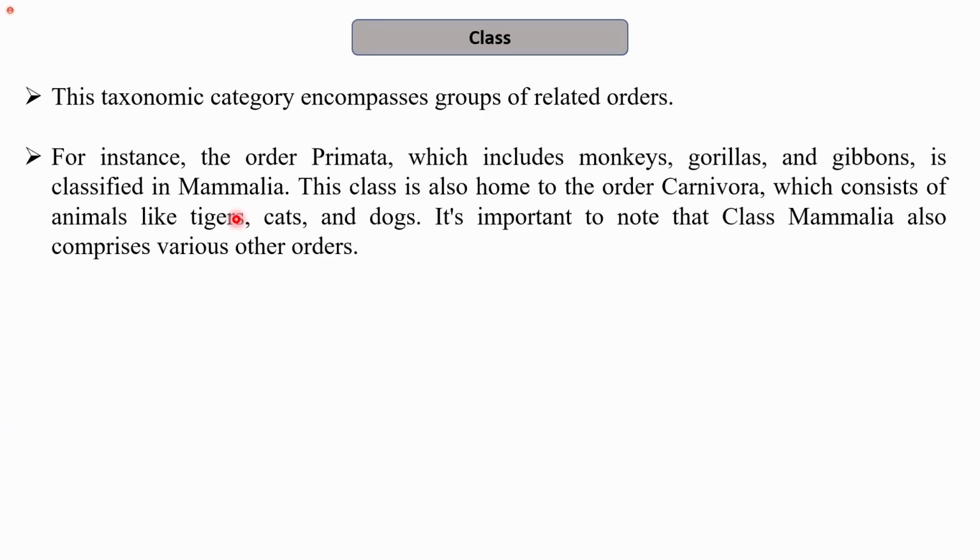So, order is a group of similar families. Family is a group of similar genera. Genus is a group of similar species. Class is a group of similar orders. This class is also home to the order Carnivora, which consists of, as we mentioned, Canidae, tigers, cats, and dogs. So, class Mammalia also comprises various other orders.